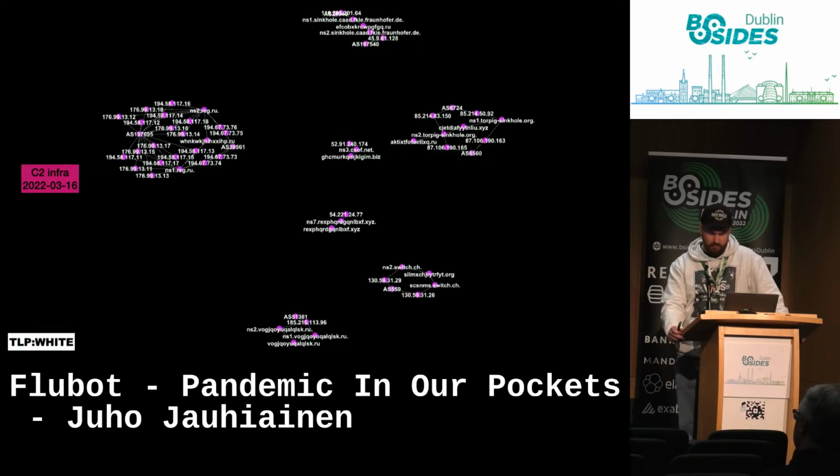This is from a few days ago. We can see that there were not that many active domains at the moment, and most of them were sinkholes. But if you are using DGA, I'm not sure sinkholing does anything. Of course, you can track the amount of infected devices using that, but sinkholing is not a solution to tackle the Flubot problem.